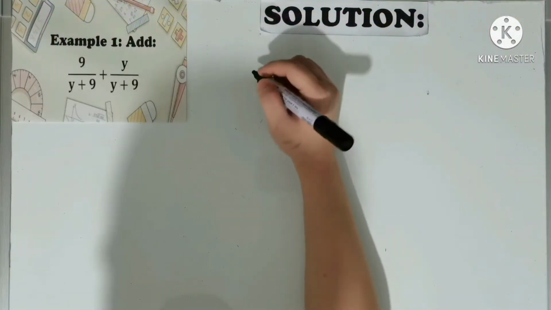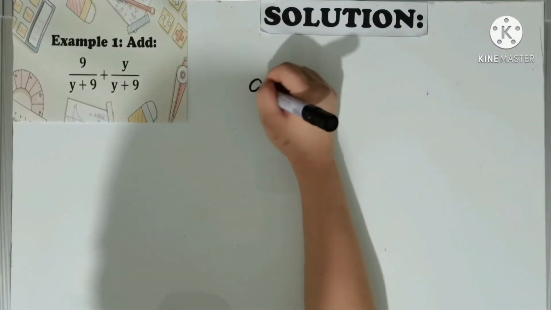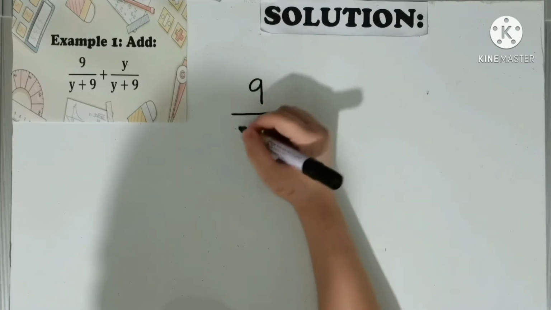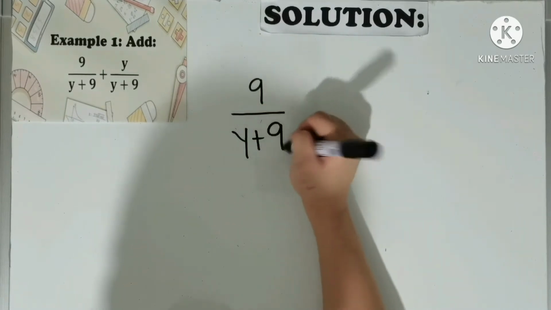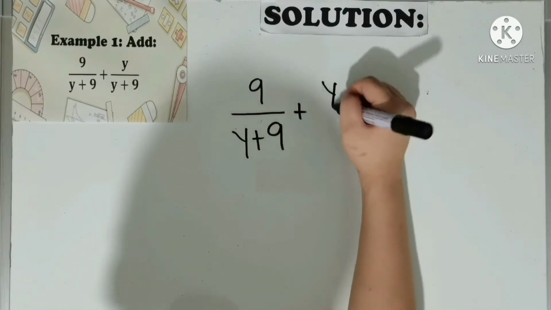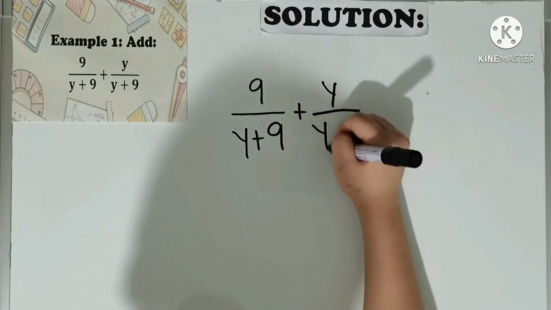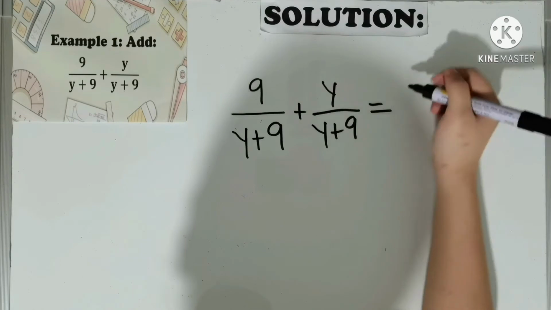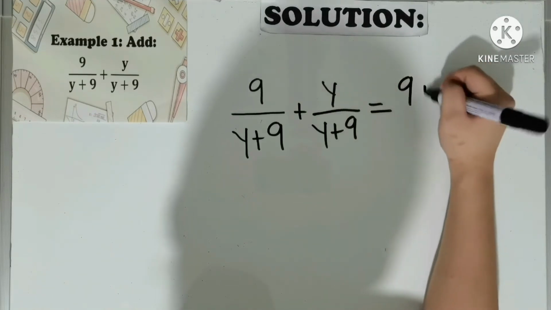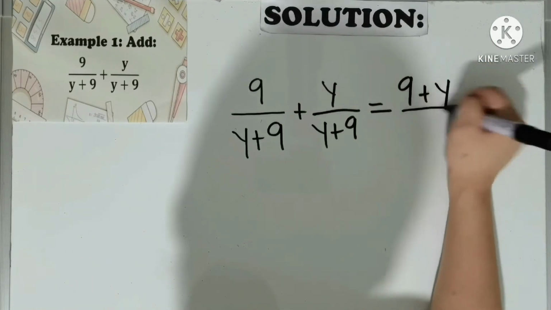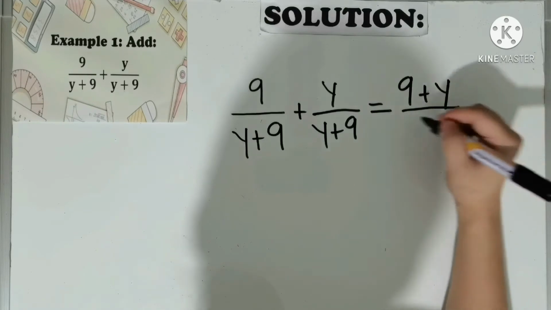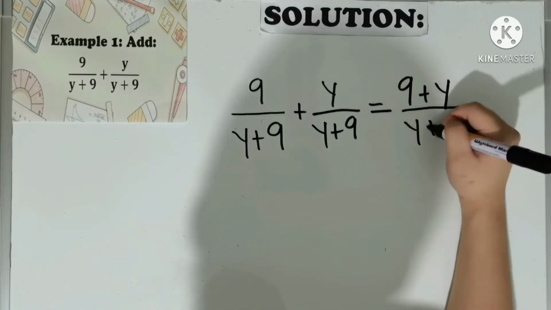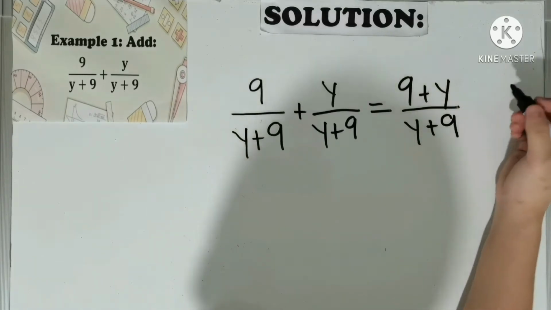Example number 1. 9 over y plus 9 plus y over y plus 9. And the answer is equal to 9 plus y over y plus 9.